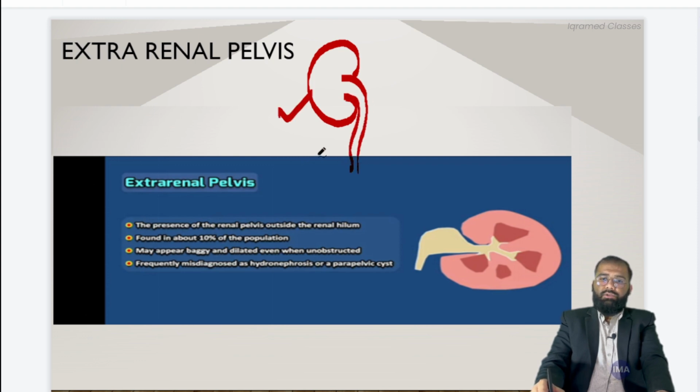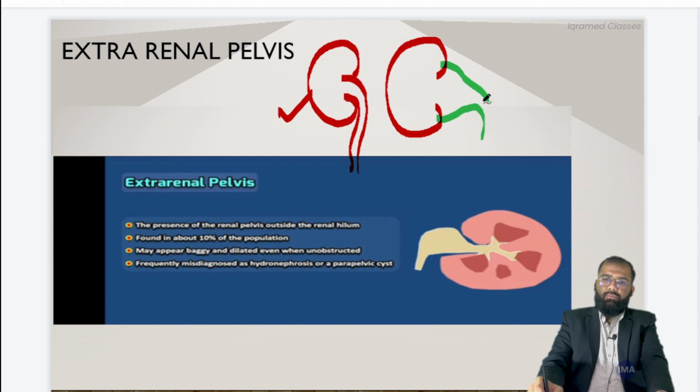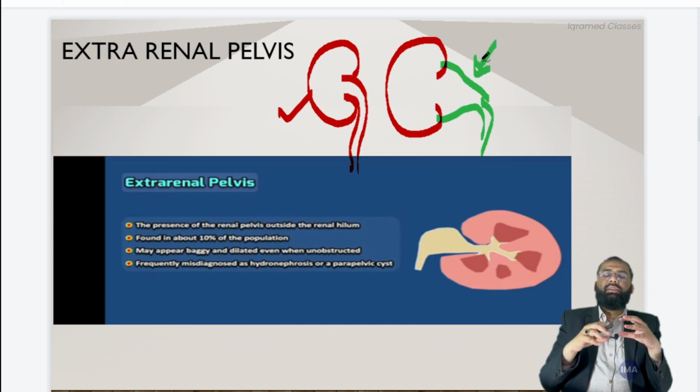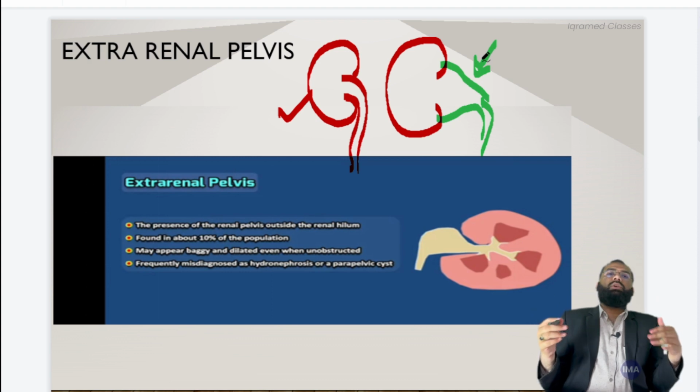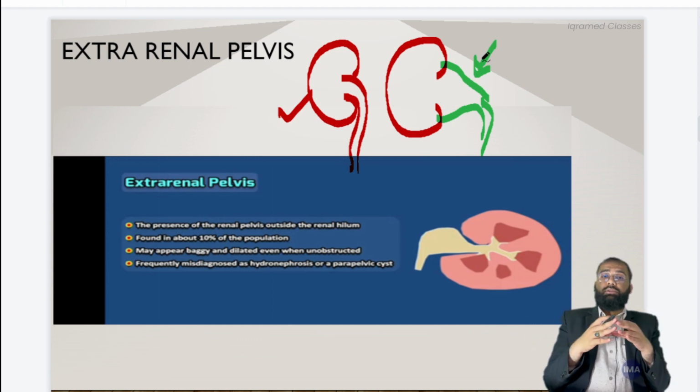But in some, it's an anatomical variant where the renal pelvis goes this way, and then the ureter is normal. So the entire course of the renal pelvis is extrarenal, and that is the reason why we call this extrarenal pelvis.